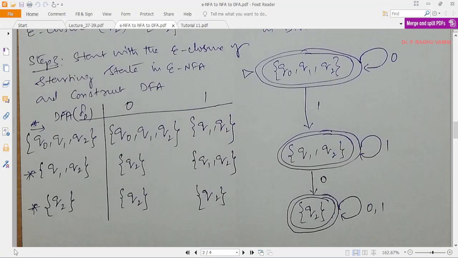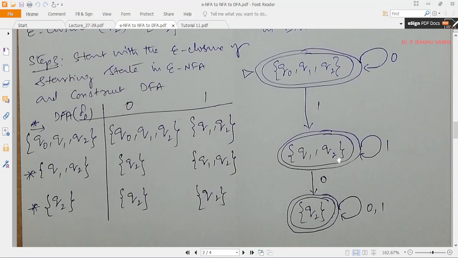Now construct the DFA from the transition table. Now {Q0, Q1, Q2} is the set. This is the final state and itself is the starting state. On this, if you supply input 0, it again results in the same state. If you supply input 1, it moves to {Q1, Q2}.